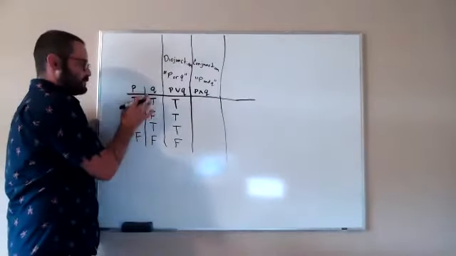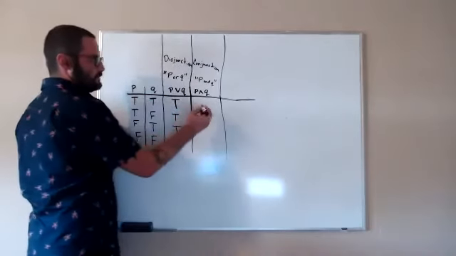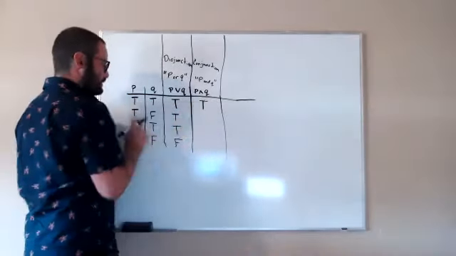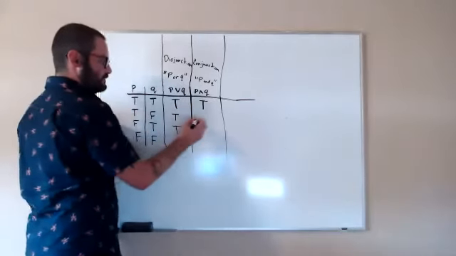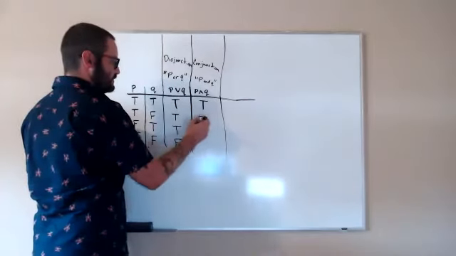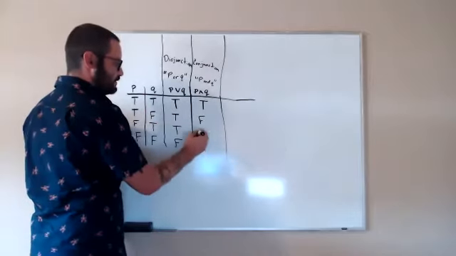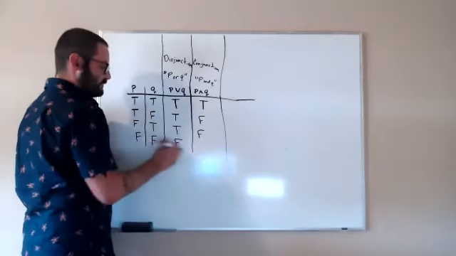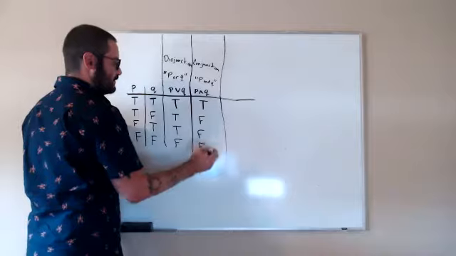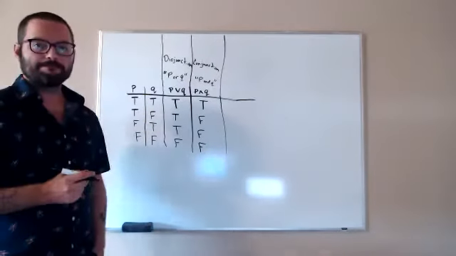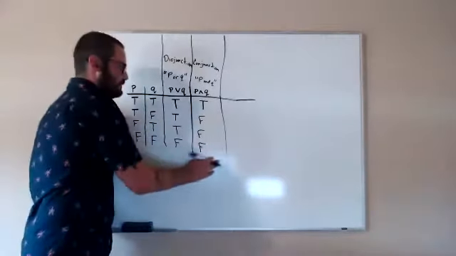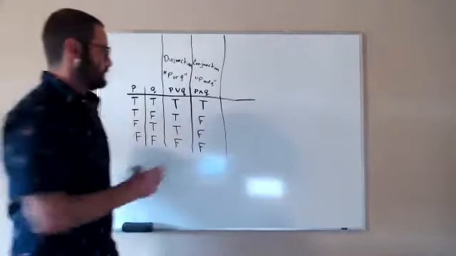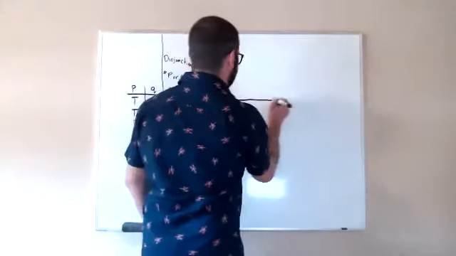So here we have true and true, which is going to be true. True and false is going to be false. False and true is going to be false. False and false is also false.